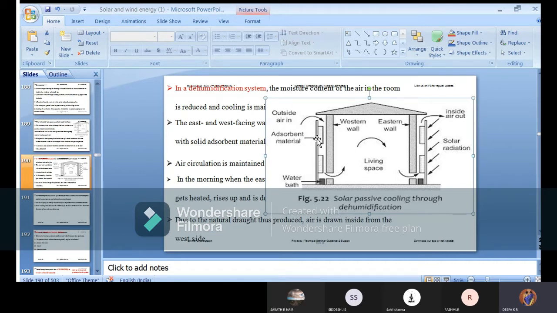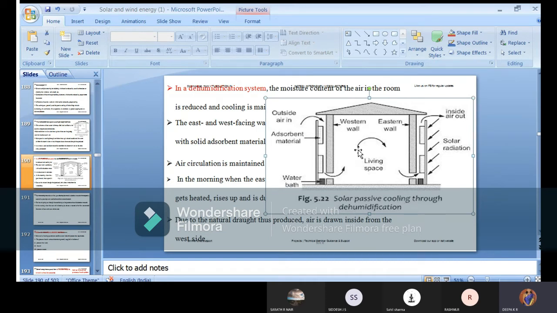This is one of the absorbent materials. Here the outside air contains moisture content and a water bath is given. This air will hit this water bath, and after that some air will get into the living area.